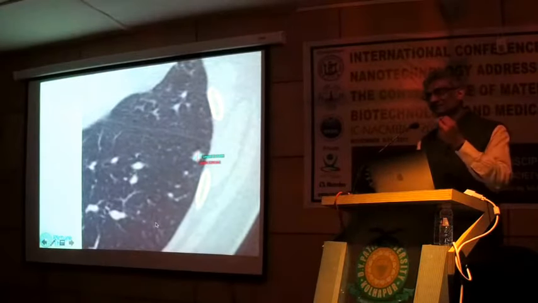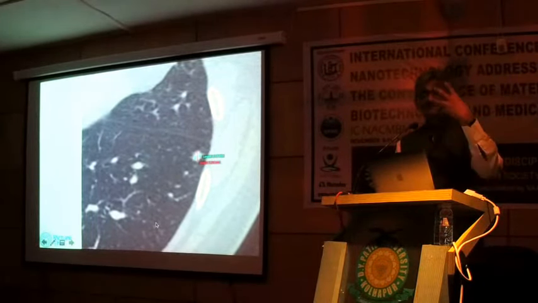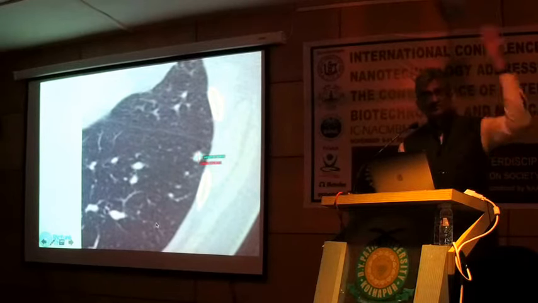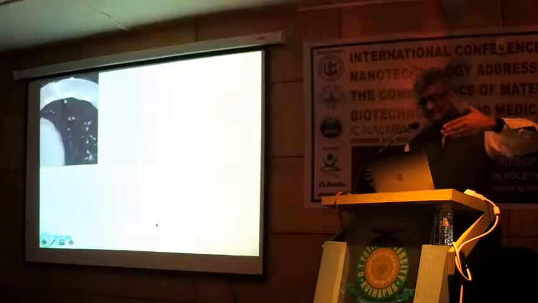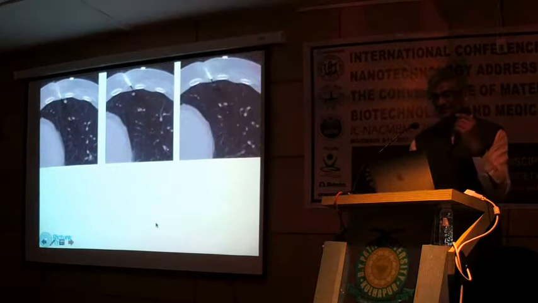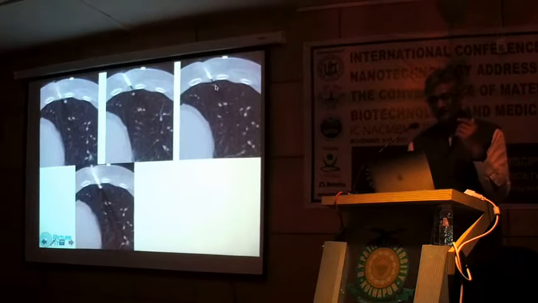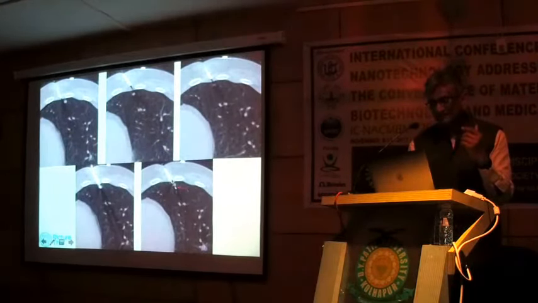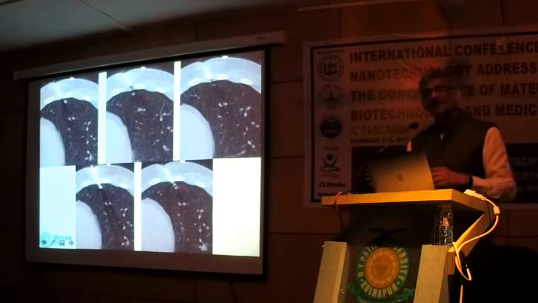Now, because of the advances that we have, where you can use the CT scan as a fluoroscopy machine, so in real time you can shoot X-rays and see that, we can actually target nodules that are as small as 5 millimeters, and we can put a needle inside, you can see the white needle in, and do a biopsy.